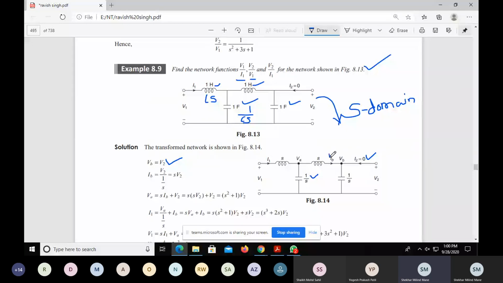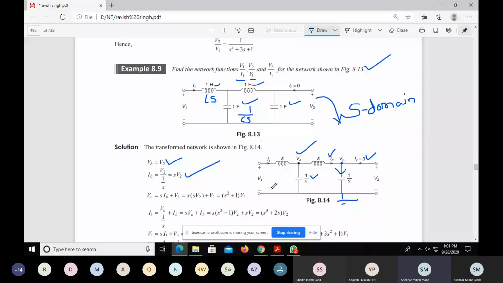Next is IB. Since I2 is equal to 0, no current will be flowing in this branch, so the same IB will flow through this. So we can write IB is VB upon 1 by S with respect to ground, and VB is nothing but V2, so it is SV2. Next is VA.